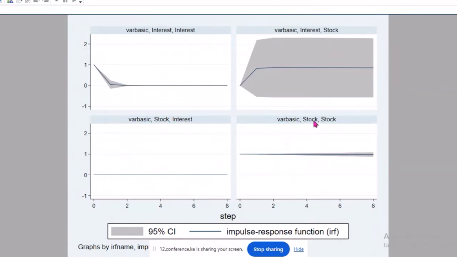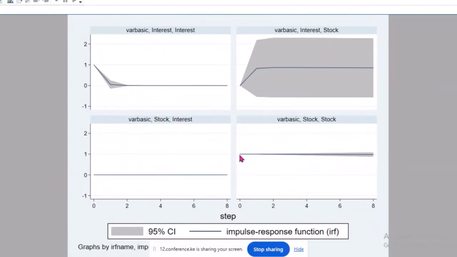If we shock stock prices, how will the stock prices behave? What is the effect of shocking stock prices on itself? You can see there is a sudden change at 0, which is very high at 1, and then it tries to die out, very slowly, as we approach the long run.